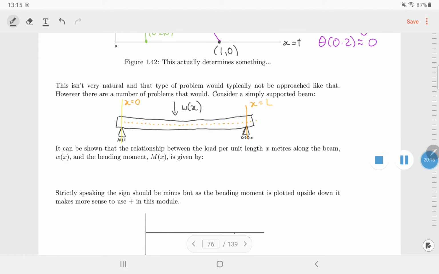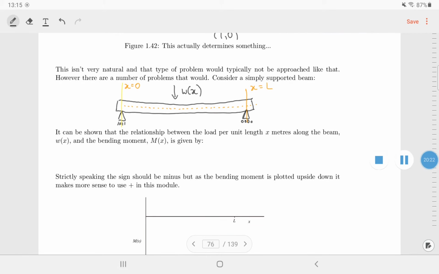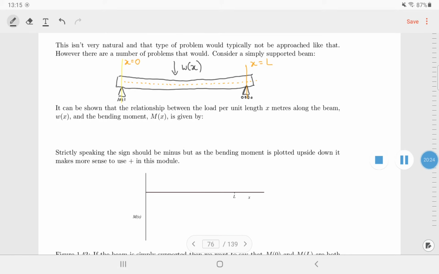If the load were constant over 1 meter, how many kilonewtons would it be? And the bending moment, which I'm not going to explain fully because I don't fully understand it in many ways, its second derivative, I'm going to use plus here, but it should be negative really, is equal to plus W of x.